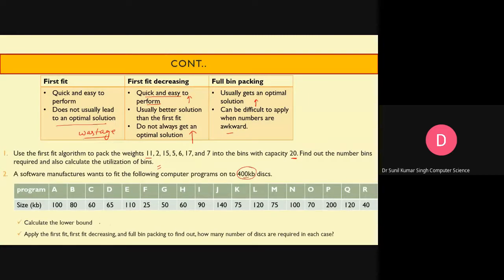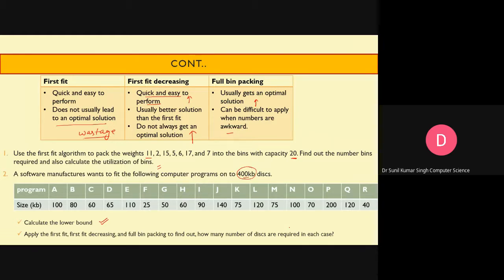First you have to calculate the lower bound, that means how many minimum disks are required to store these programs. Then apply first fit, first fit decreasing and full bin packing to find out how many disks are required in each case.